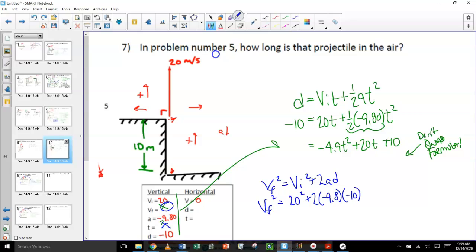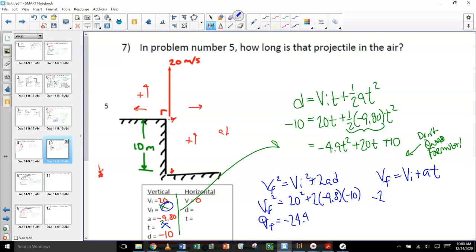So 400 plus 196, 596, square root of all of that, you end up with 24.4 negative, because it's going down.